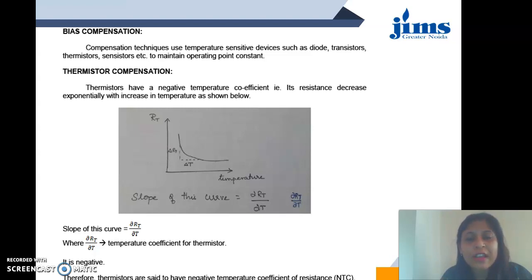That means as the temperature increases, the resistance decreases. The slope is also showing you that as the temperature is increasing in x direction, the resistance is decreasing from y-axis to x-axis closely. So the temperature coefficient of resistance is given by del RT upon del T, and it is NTC in case of thermistors.